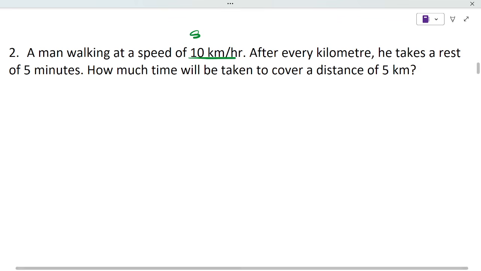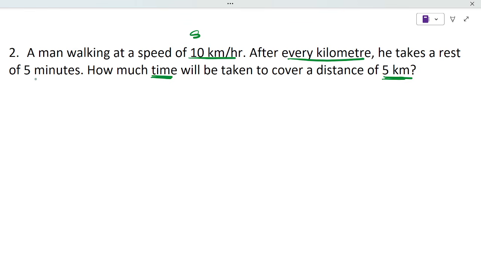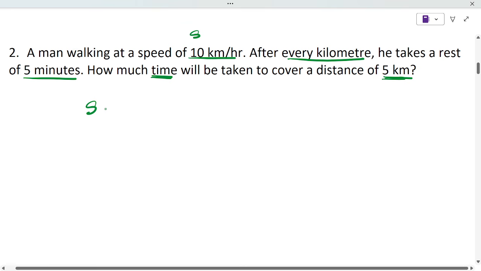Another 5 minutes rest, and so on. How much time will be taken to cover a distance of 5 kilometer? So they are asking us to find time for covering a distance of 5 kilometer, applying the rule of taking a 5 minutes rest every kilometer. So this means speed is given as 10 kilometer per hour.